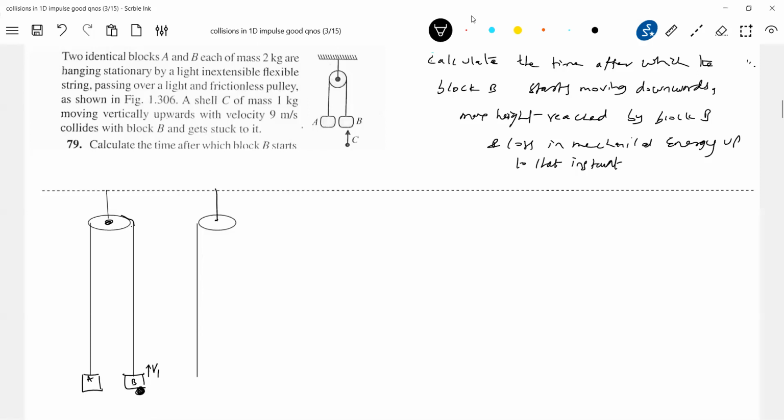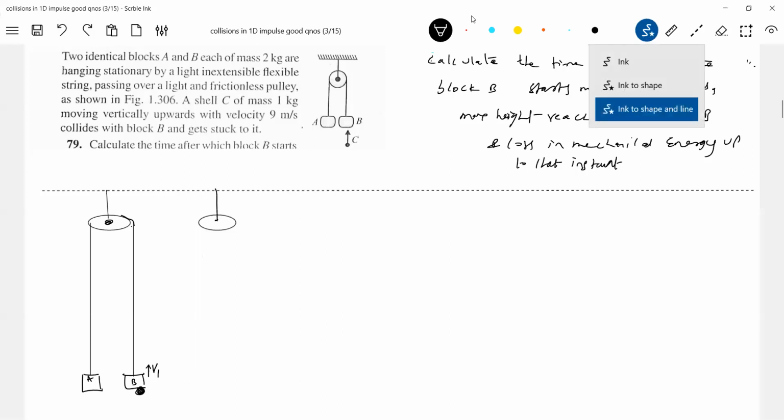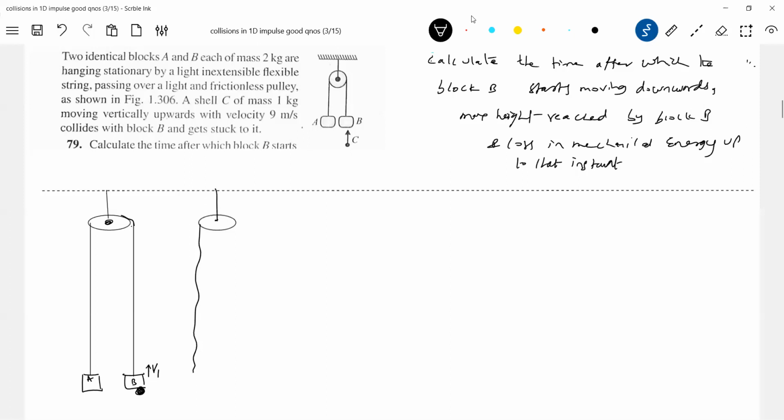The very next moment, the string will become slack and it will start ascending like this.